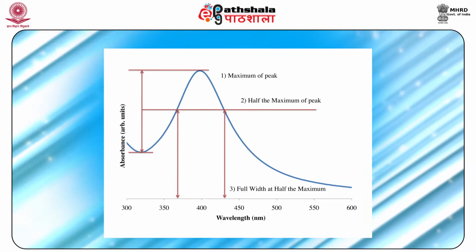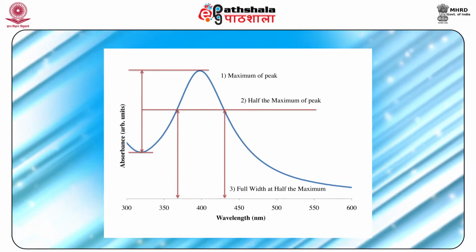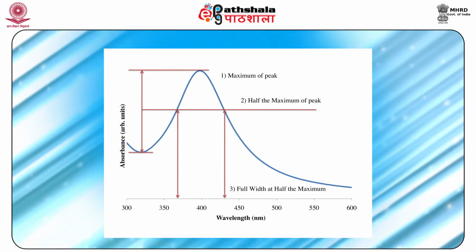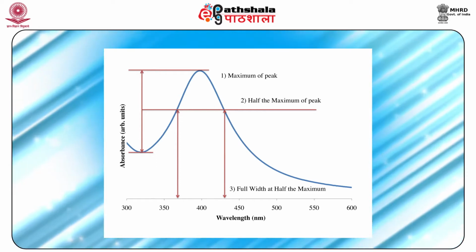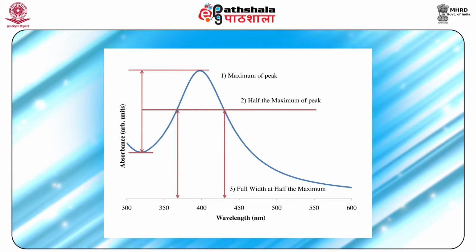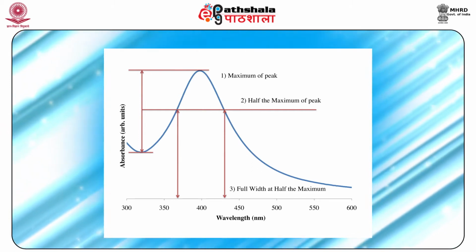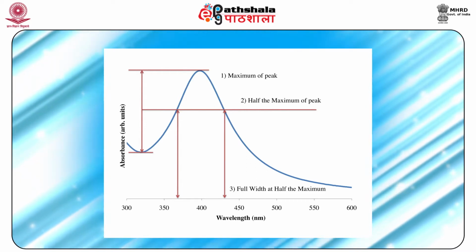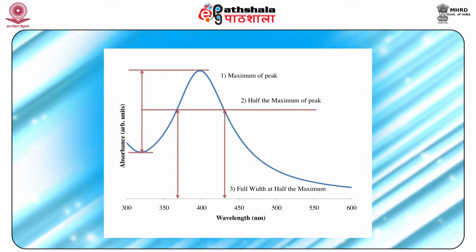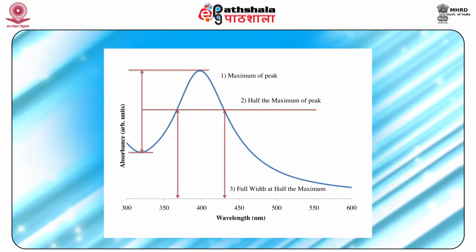A UV visible spectrometer records the degree of absorption by sample as function of wavelength lambda of light absorbed, and the resulting plot between absorbance on y-axis versus wavelength on x-axis is known as UV visible spectrum as shown.